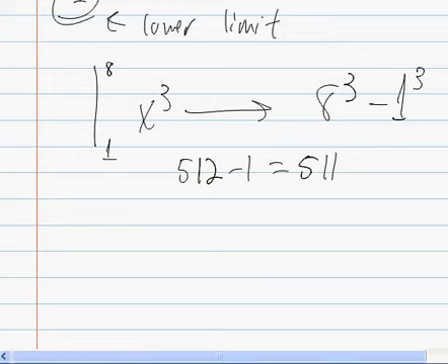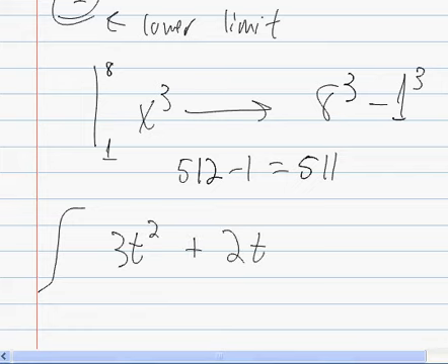Let's say we have a more complex one, like the ever famous, what should we do? Oh, let's do 3t squared plus 2t plus 8 from 0 to 5.